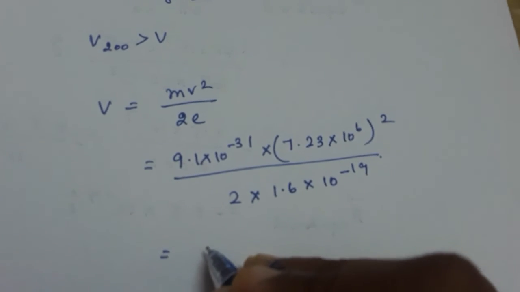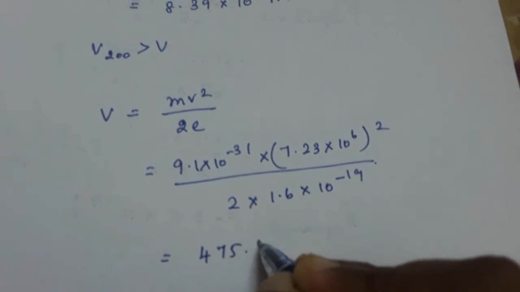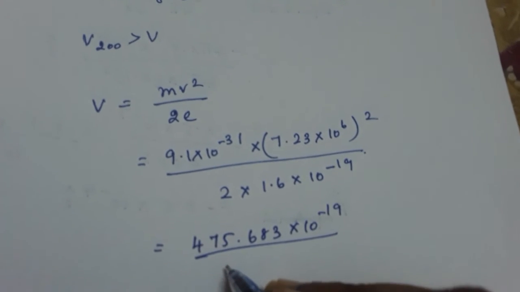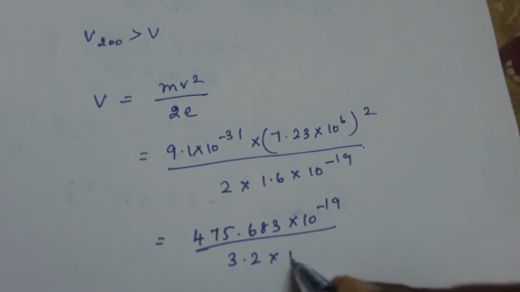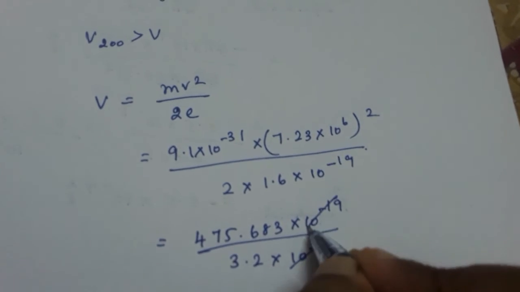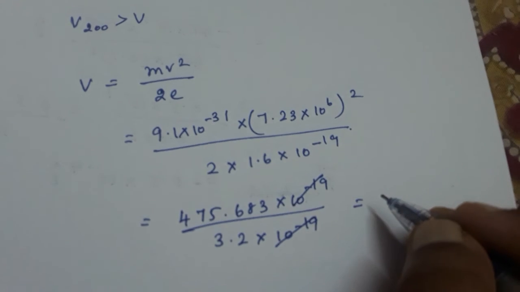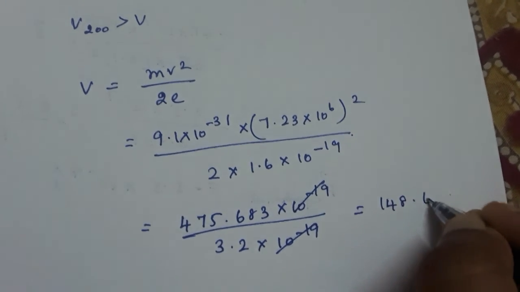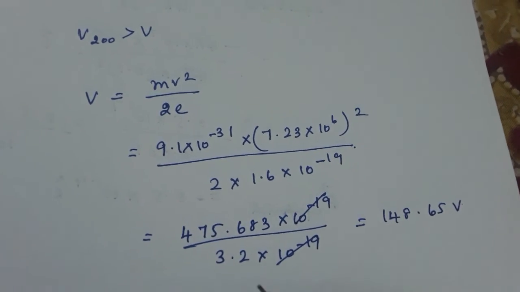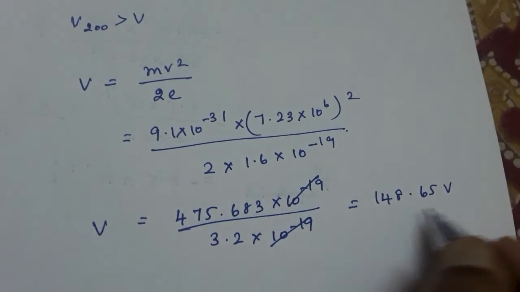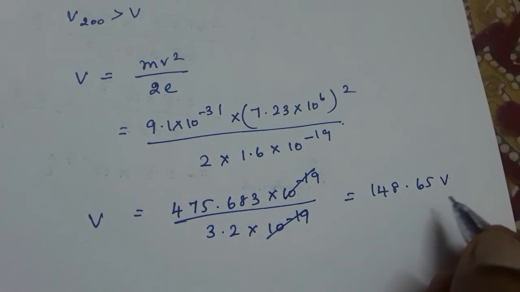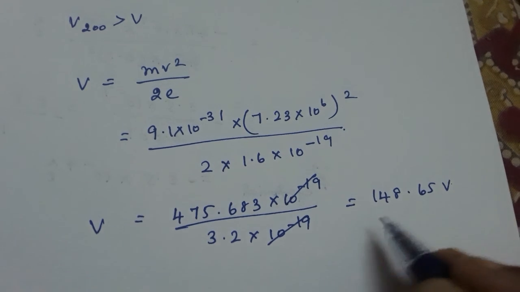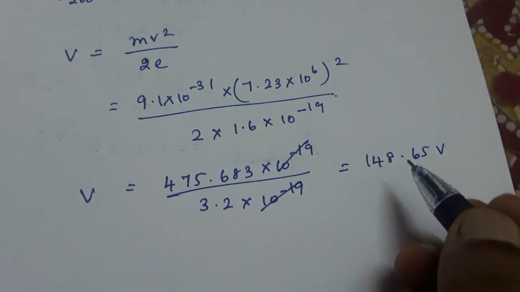We will be getting 475.683 into 10 raised to minus 19 for the numerator, and for the denominator we get 3.2 into 10 raised to minus 19. The 10 raised to minus 19 terms get cancelled. If you divide this, you will be getting 148.65 volt. So at this potential it will show zero deflection.